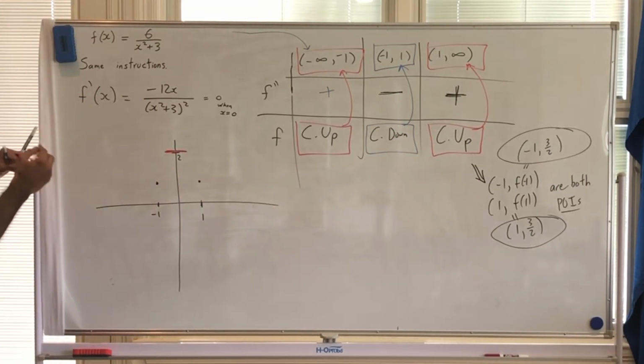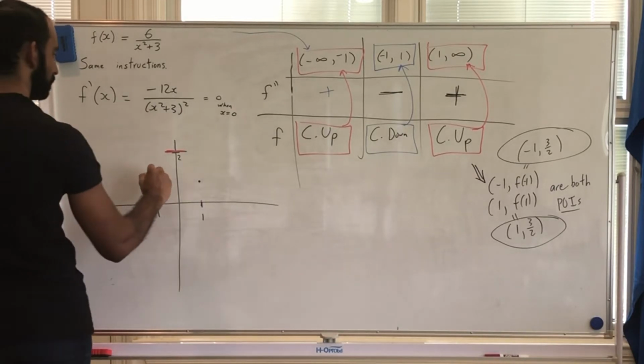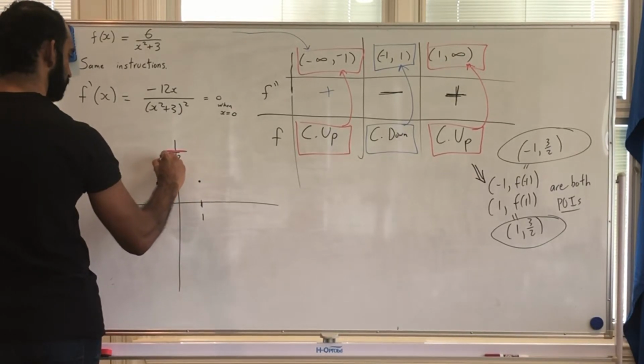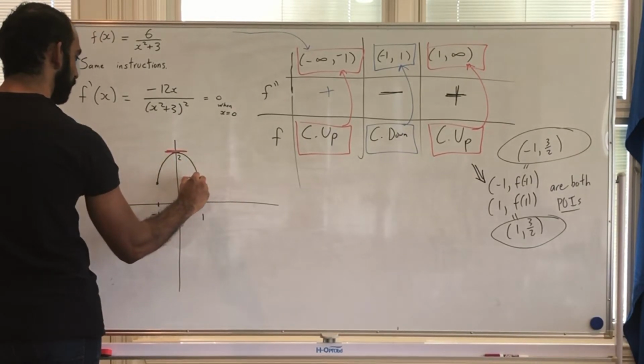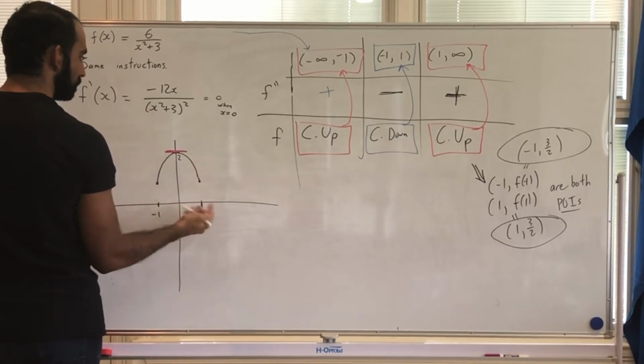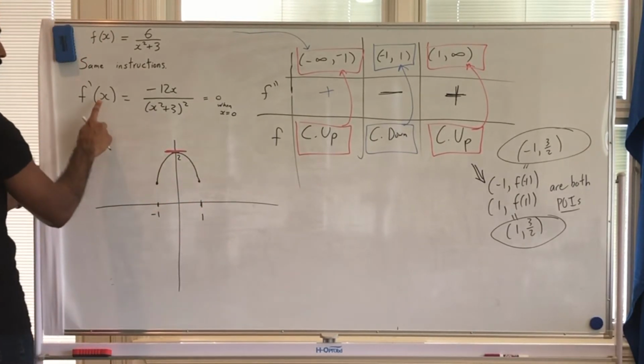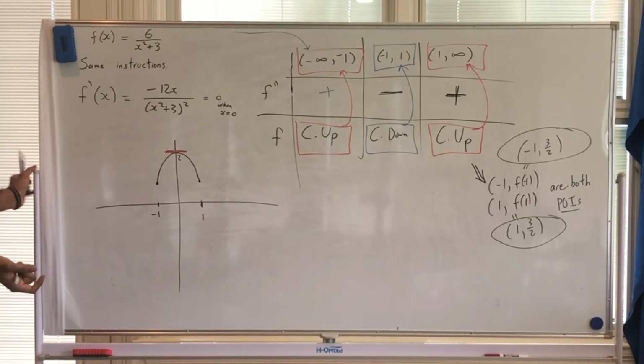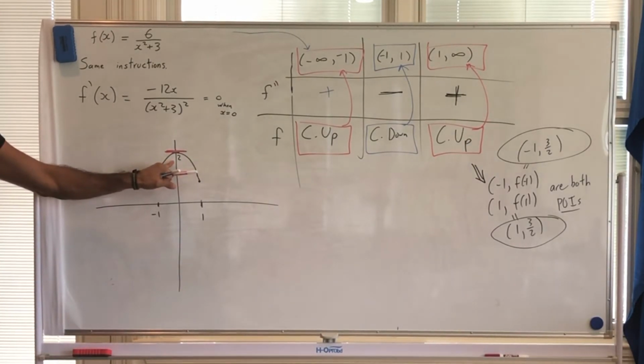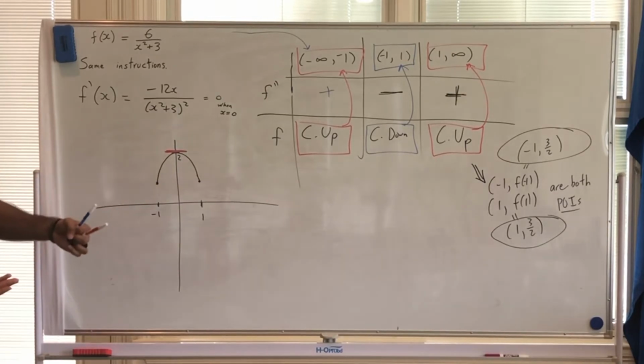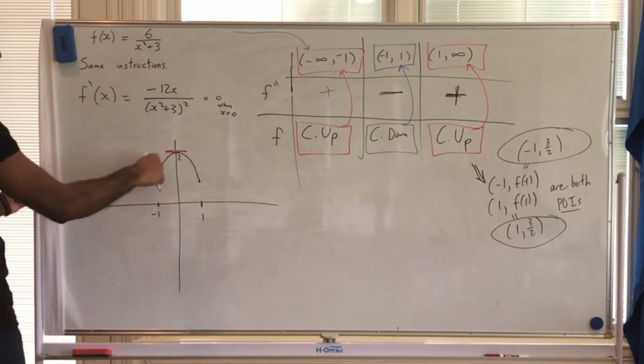And since the concavity is concave down, that's got to be a relative max. Notice I didn't have to do any interval testing with my first derivative to realize that this point was a relative max. It's all based on my second derivative knowledge of this being concave down.